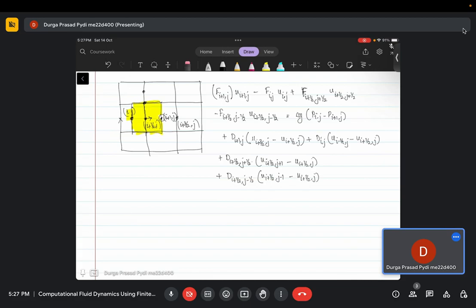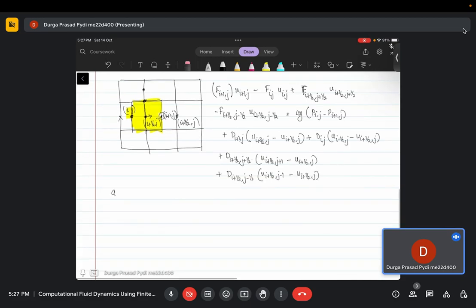Now when you collect your terms, you collect your A_P and A_E, A_W, A_N, A_S terms. A_P terms are the coefficients of u_{i+1/2,j}. A_E are the coefficients of i plus 3 by 2, comma j. A_W are the coefficients of i minus half, comma j.